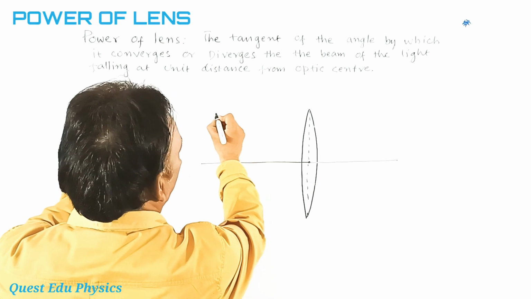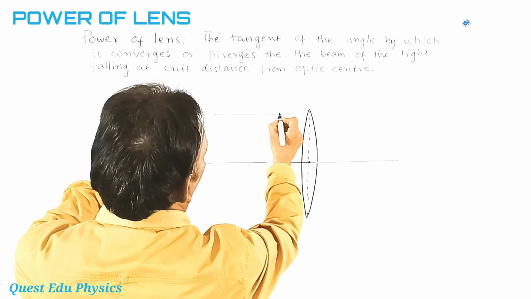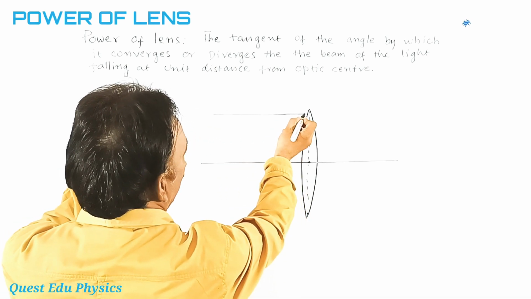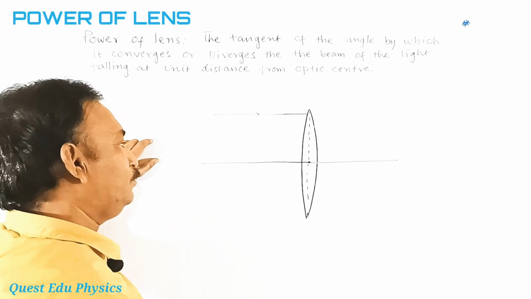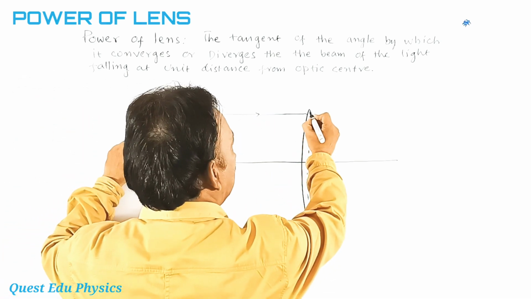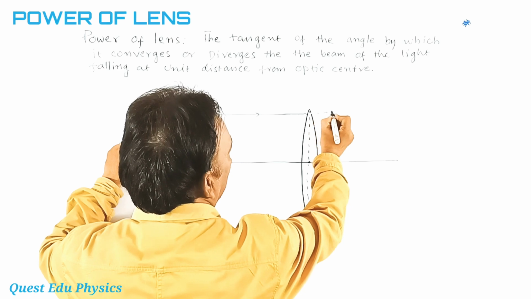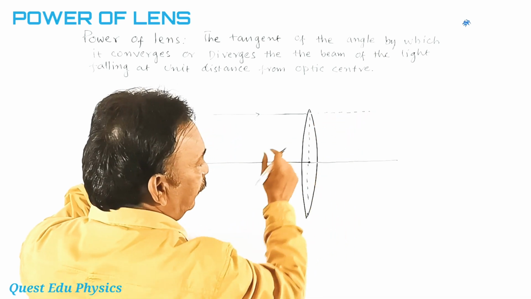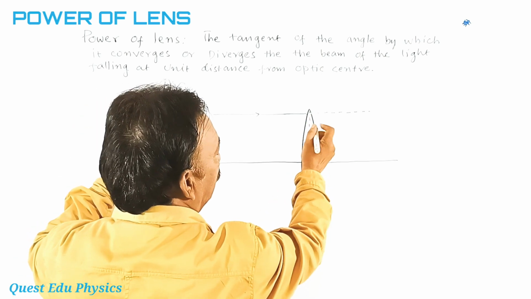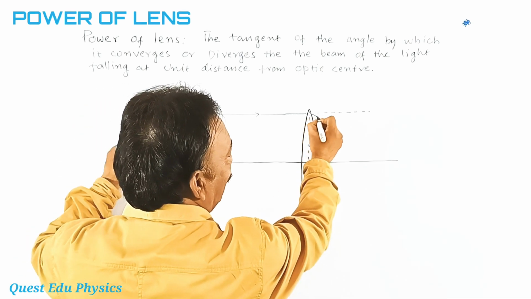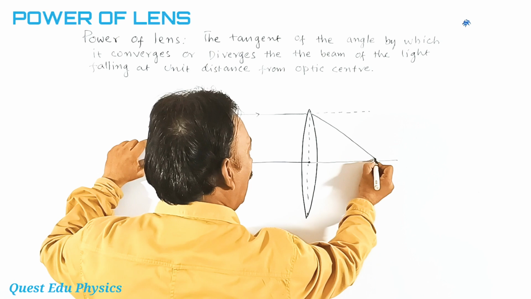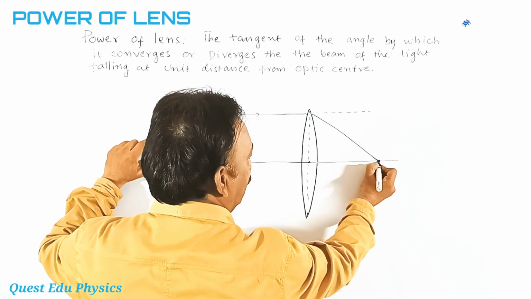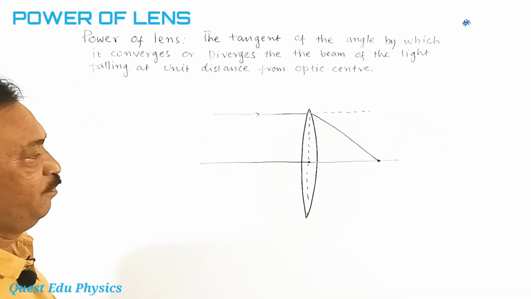And rays are coming from a distant object here. Actually, this ray has to pass like this. It doesn't get interrupted by the lens. Then it gets converged and meets at a point on the principal axis.